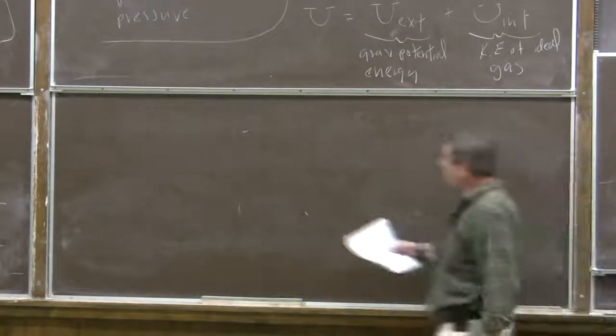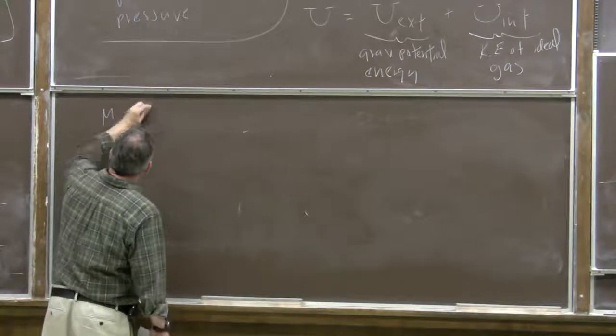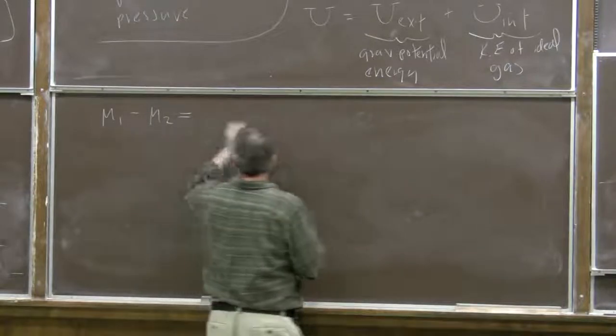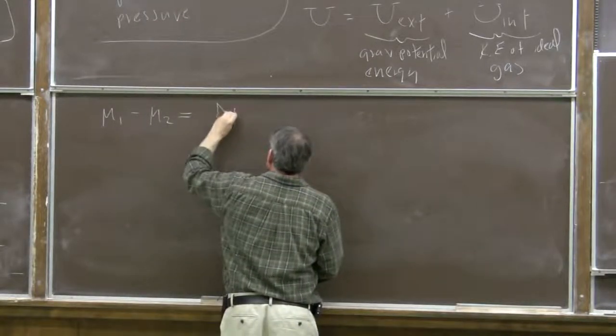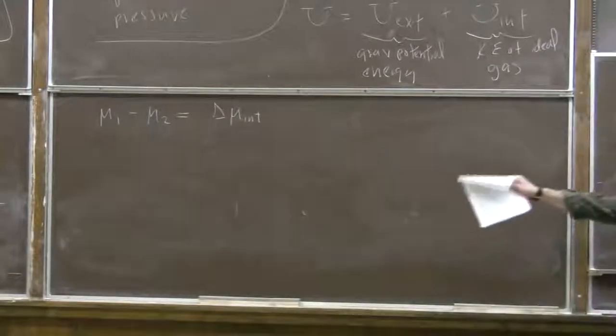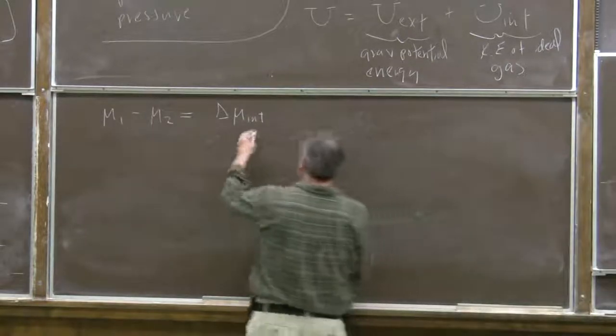And so the difference in chemical potential between the two gets a contribution from the internal chemical potential difference, which we can get from our formula for the chemical potential of an ideal gas, and the external one.